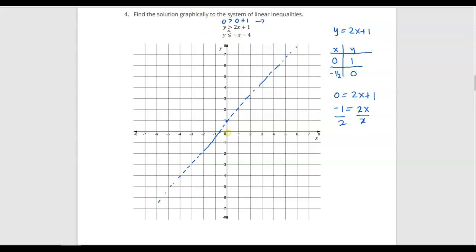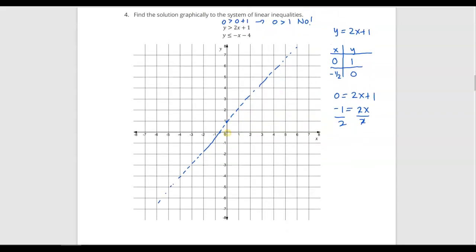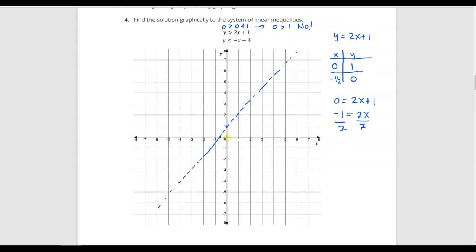That gives you 0 greater than, so not less than, but greater than, 0 greater than 1. Is that true? The answer is no. 0 is not greater than 1. So therefore, I would have to shade the region that does not contain my test point, which is this region here.